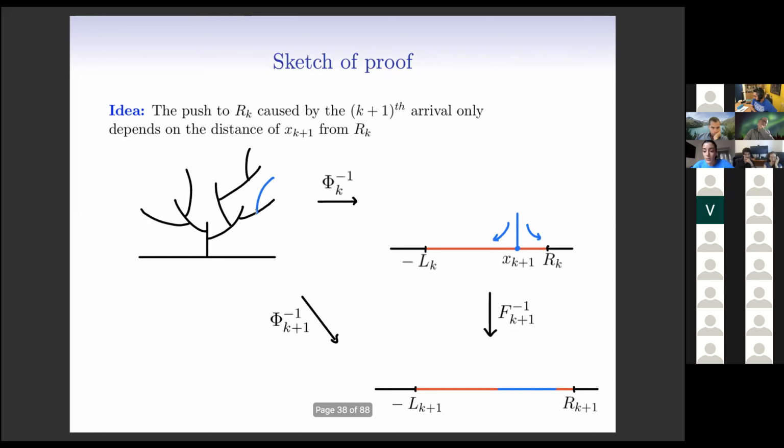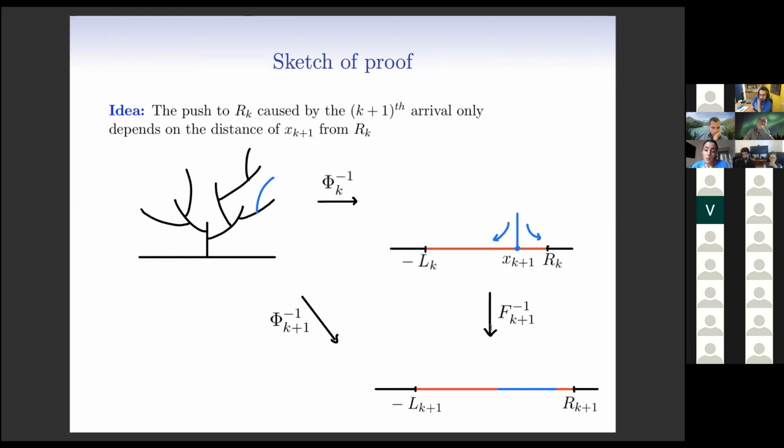And to see how the right extremum is moved by the arrival of this new particle, we just map out the slit by applying the inverse of the map that grows it. And we see the image of this extremum under this mapping out function. And that will give us the new interval.